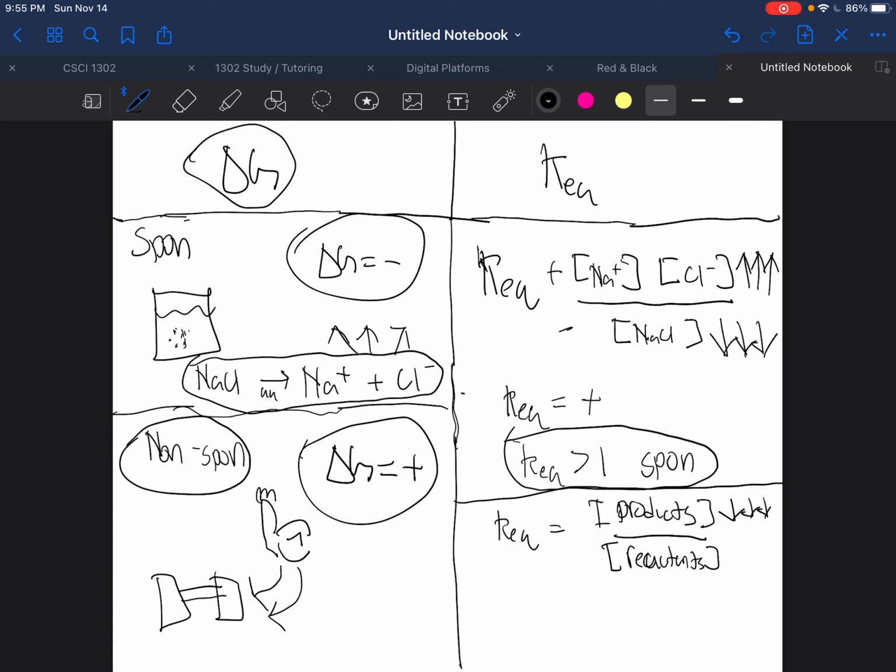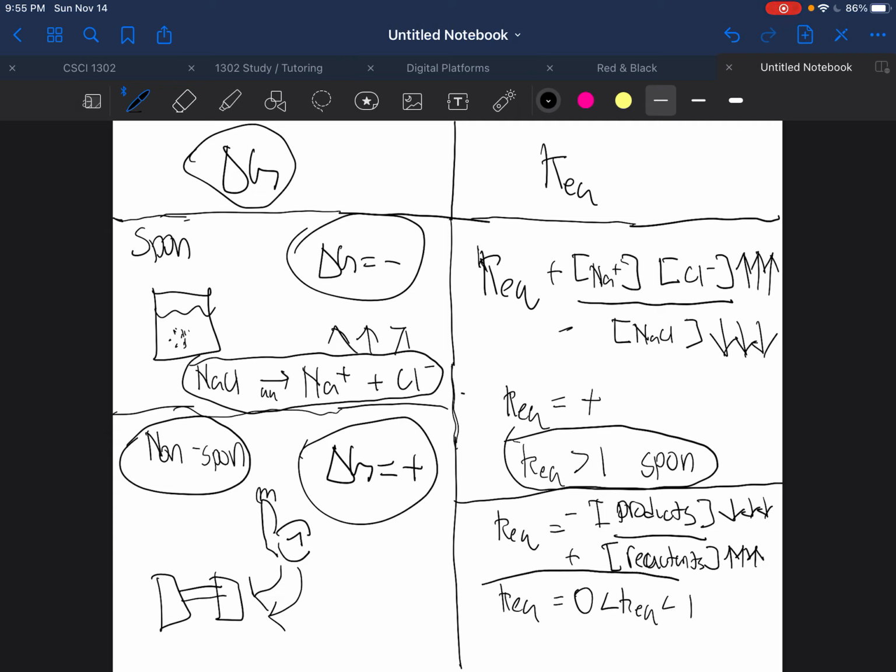This top number will be really small, and this bottom number will be really, really large. So in the fraction, we have a small numerator and a large denominator, which means KEQ will still be positive, but it will not be greater than 1. It will be between 0 and 1.